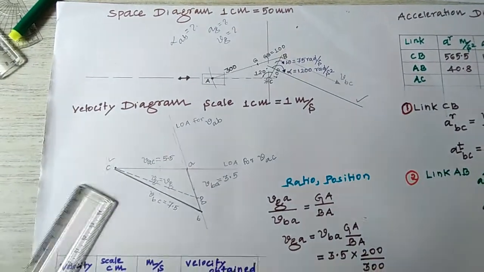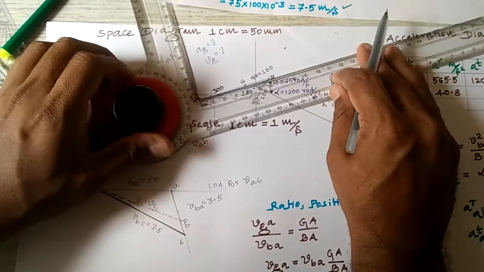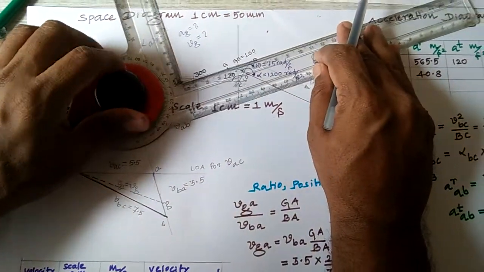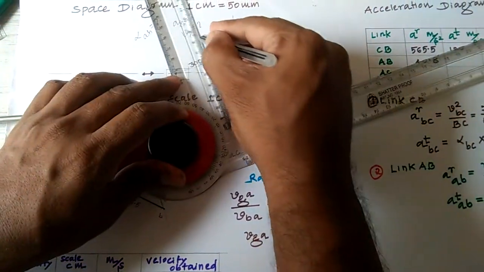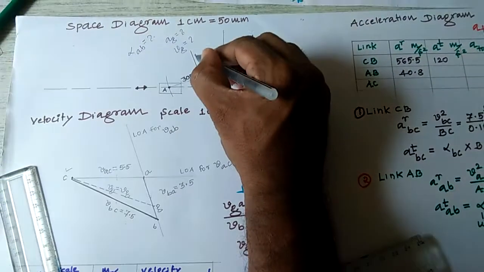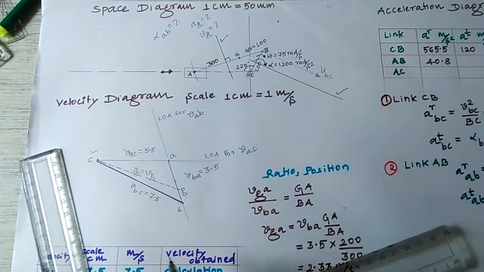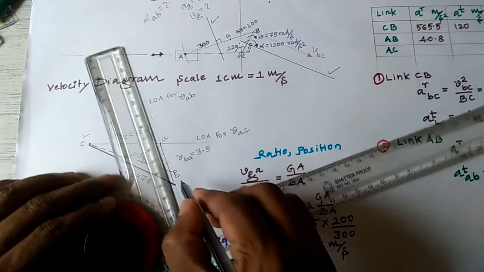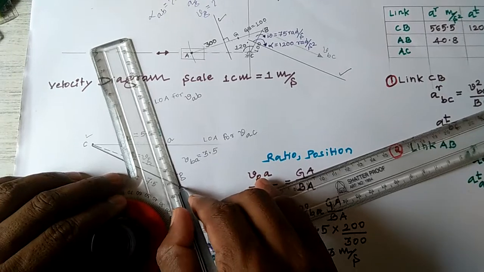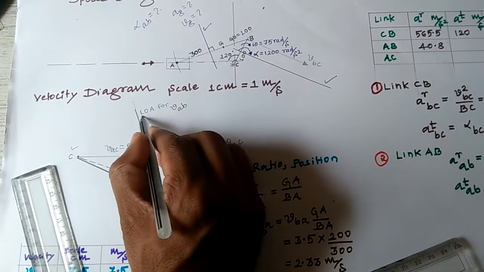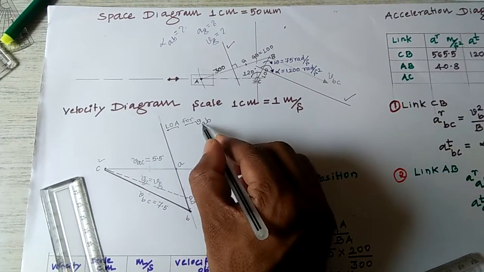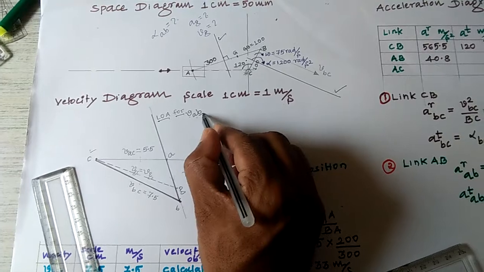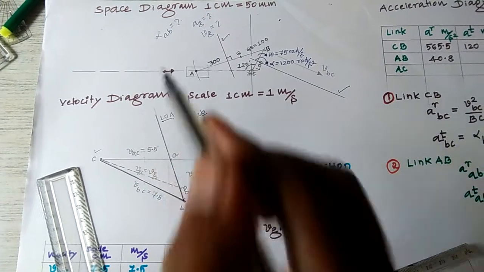For that you have to draw the perpendicular also. You have to make it in alignment with the link AB, and draw the perpendicular to this one. You have to shift this perpendicular exactly. That is the line of action. I have written here also. You will get it as a line of action for the velocity of A with respect to B.